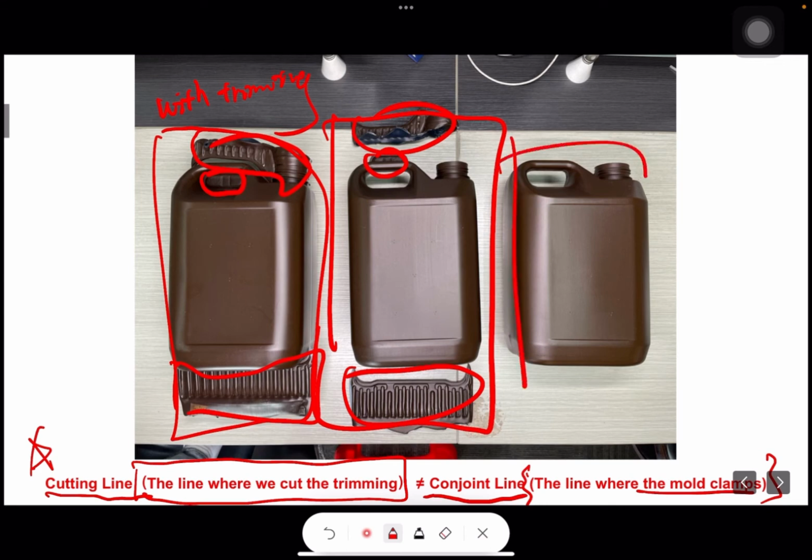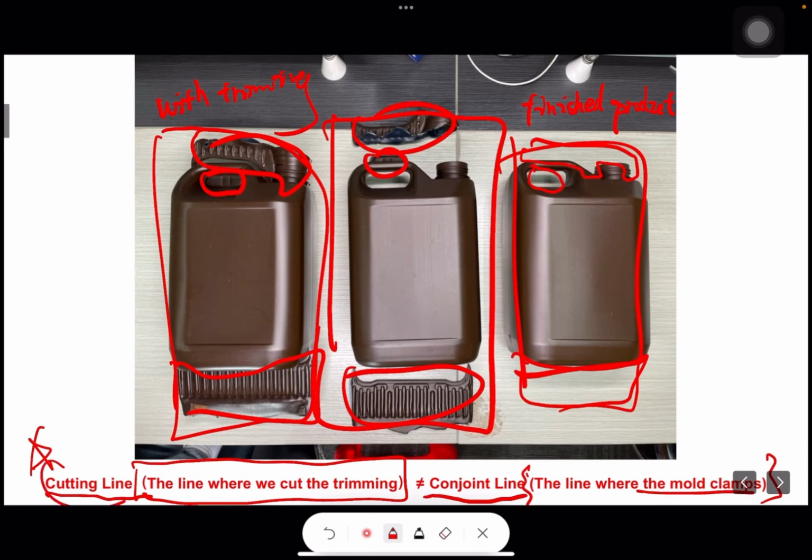And the one on the right is exactly the finished product. It is scrap free, there's no trimming. So we call it the finished product.